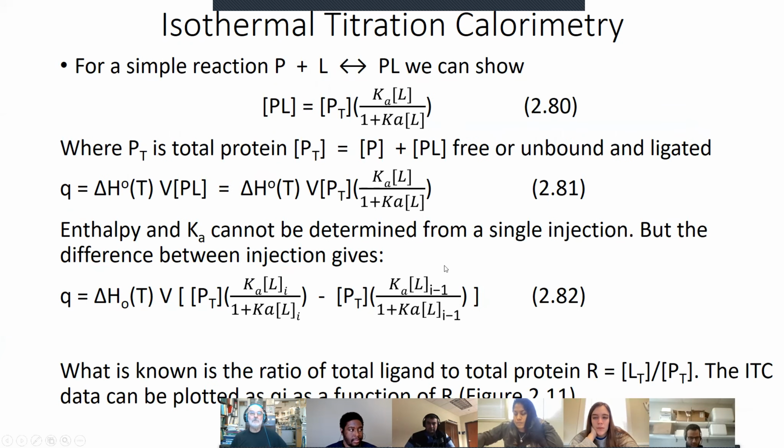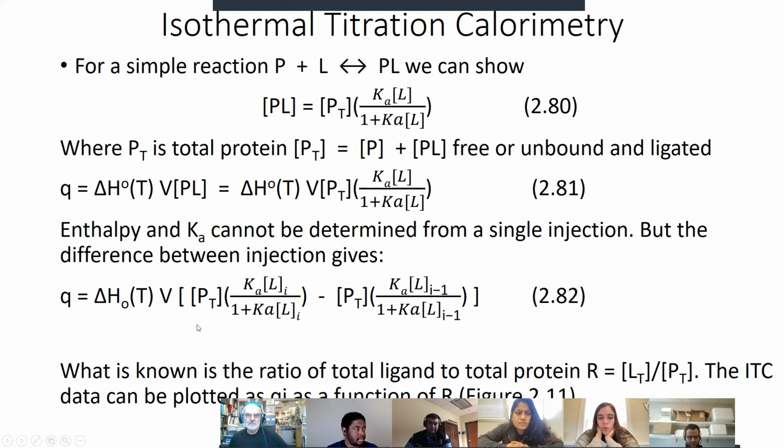Okay, now for a simple reaction, P plus L, ligand going to a complex, we can show, okay, that's what it says in the text, that the amount of complex formed, fully ligated protein, is the total protein times this quotient, which involves an equilibrium constant, that should be a sub A, and a concentration of ligand.